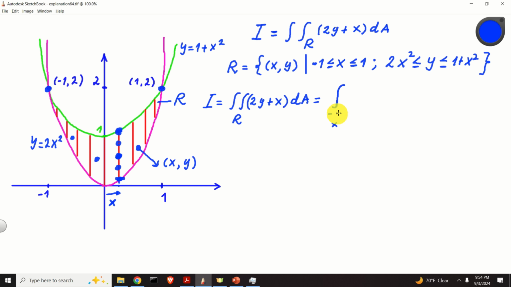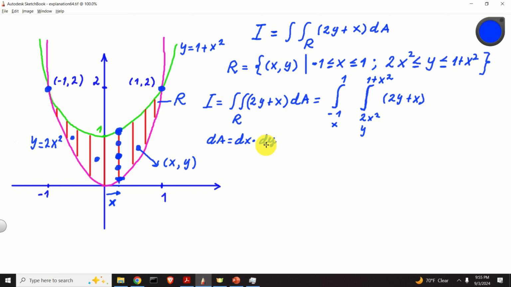The boundaries are from -1 to 1. Then we have the second integral, and this integral is over y, and the boundaries are from 2x squared to 1 plus x squared. And then over here we have the function 2y plus x. And then instead of dA, we write dA is equal to dx multiplying dy.